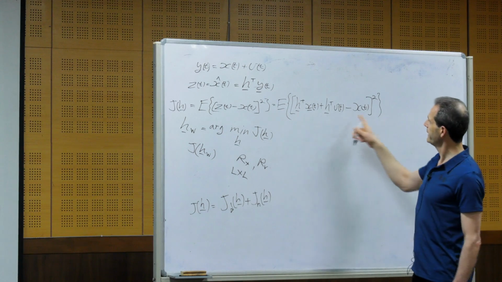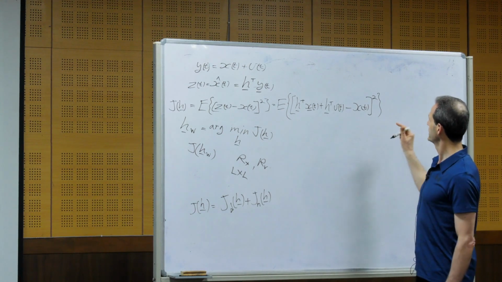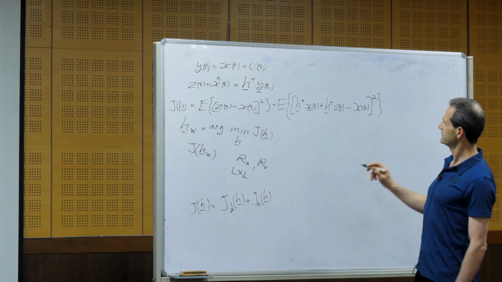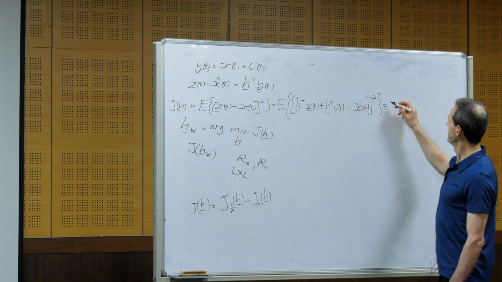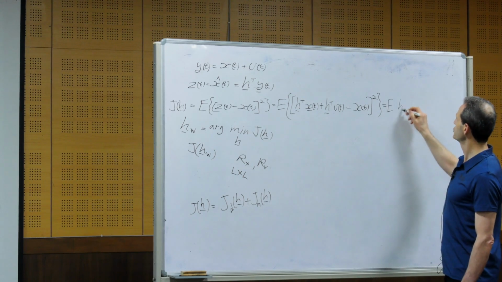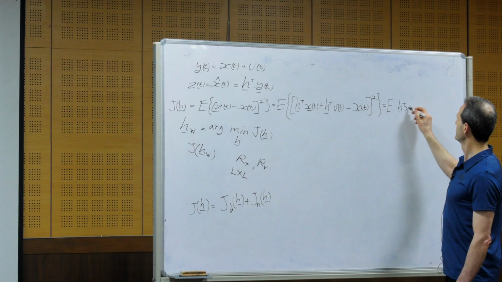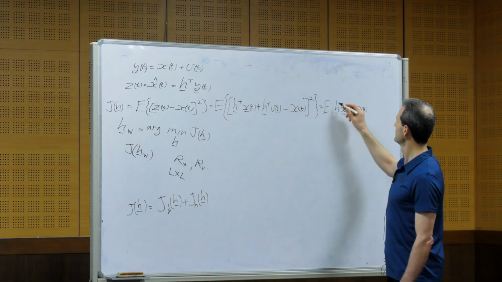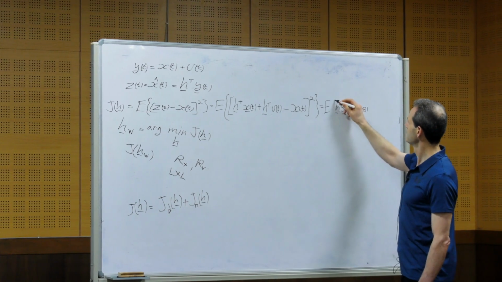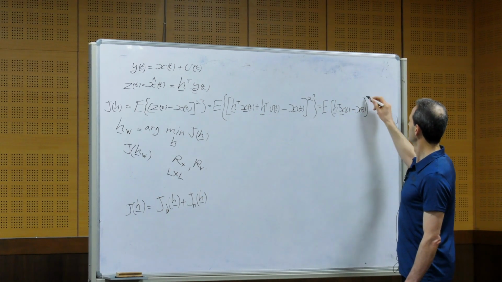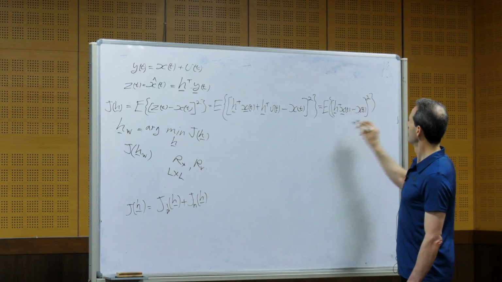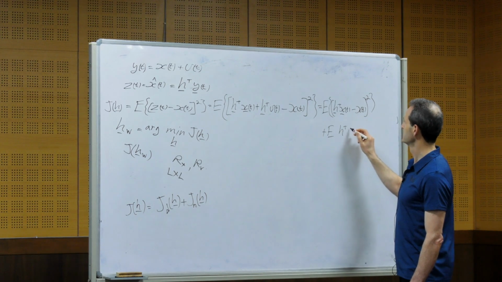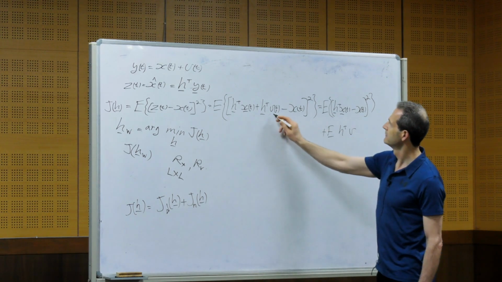So you see that we have two terms here. We can write it as, let's write it over here, expectation of h transpose (x minus x_T) plus expectation of h transpose v.